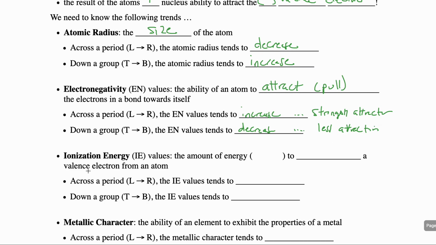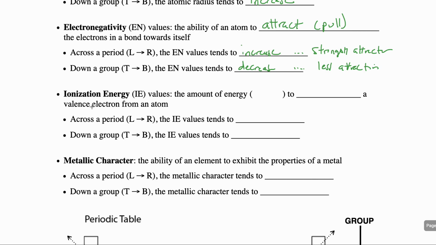The third term here is ionization energy, the IE values. This is the amount of energy or work to remove a valence electron from an atom. As you go left to right across the periodic table, the ionization energy values tend to increase, which means it's harder to remove an electron.